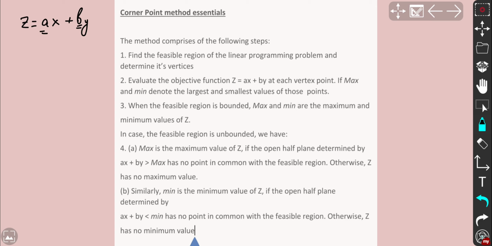The first step: you need to find the feasible region. Hope you remember that the feasible region is the region represented by a set of inequalities; the set of inequalities defines this region. As the result of the first step, you need to determine the vertices, or corner points.